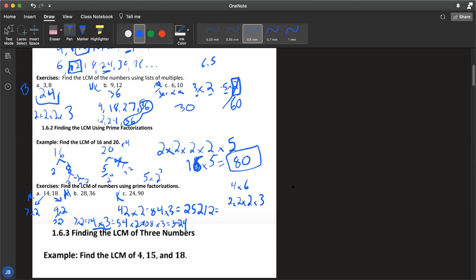And then I split 90. So 90 equals 9 times 10. And then 9 can be split into 3 times 3, and 10 can be split into 2 times 5.